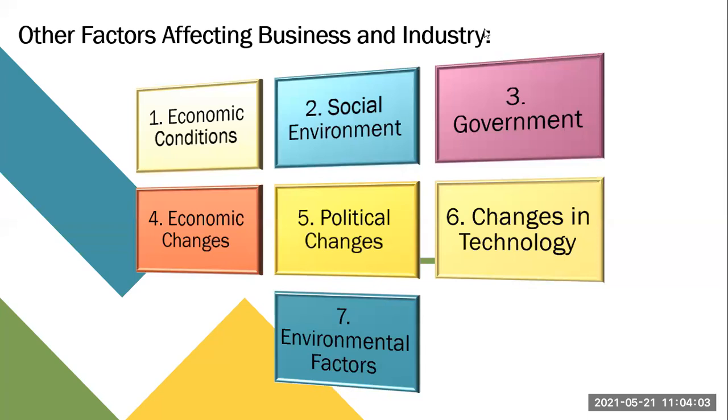And then pag slump naman, nagkakaroon ng mga decline sa growth ng isang business or decline sa sales. So ito naman depende sa nangyayari sa kapaligiran natin. So for example, ngayong pandemic, since nagkaroon ng pandemic, nagkaroon ng slump or decline sa growth ng business or decline sa sales. Next is the political change.